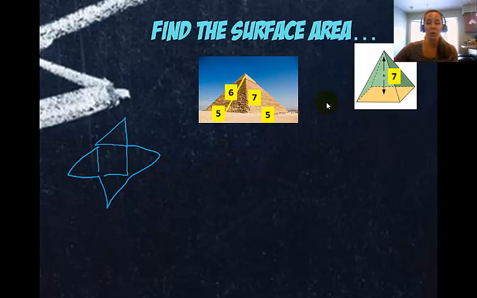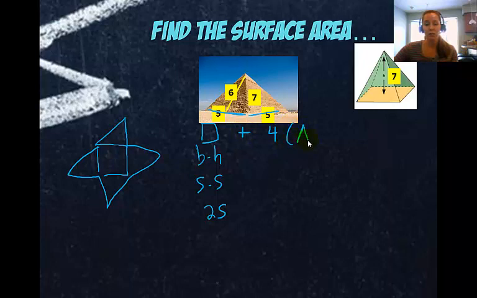So my square base is 5 times 5, base times height, which is 25. If you want to draw pictures like this, square plus 4 times your triangle, and then write your formulas right below.